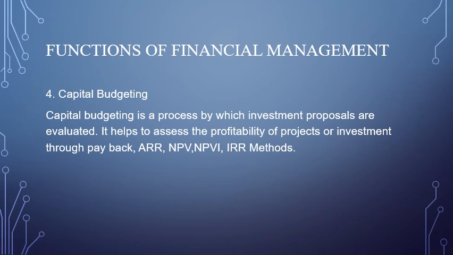What are all the methods we are performing in an organization? First one, payback period, accounting rate of return, net present value and net present value index, internal rate of return methods. These are all the methods we are using to evaluate the capital budgeting.